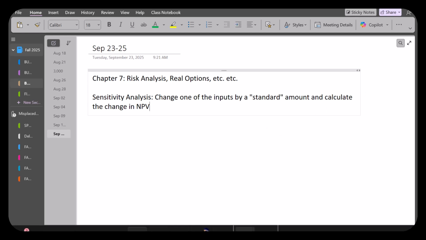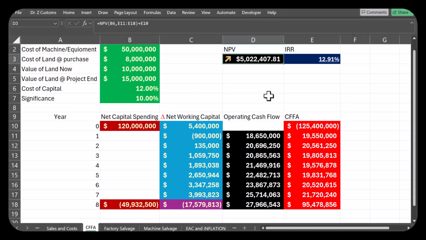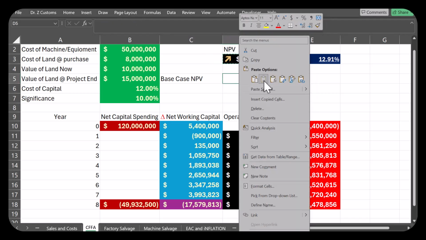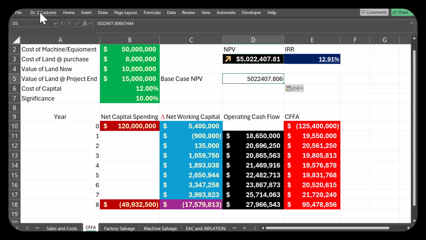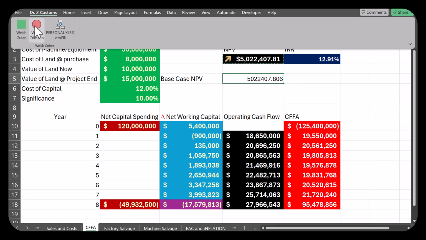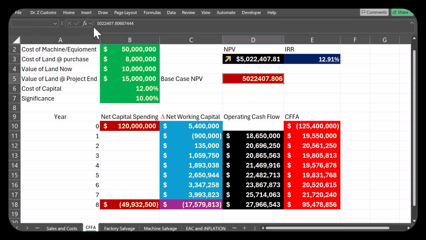So let's go ahead and do that. That's my NPV. I'm going to put in the base case NPV here. I'm going to simply copy and paste the value. Maybe make that red.